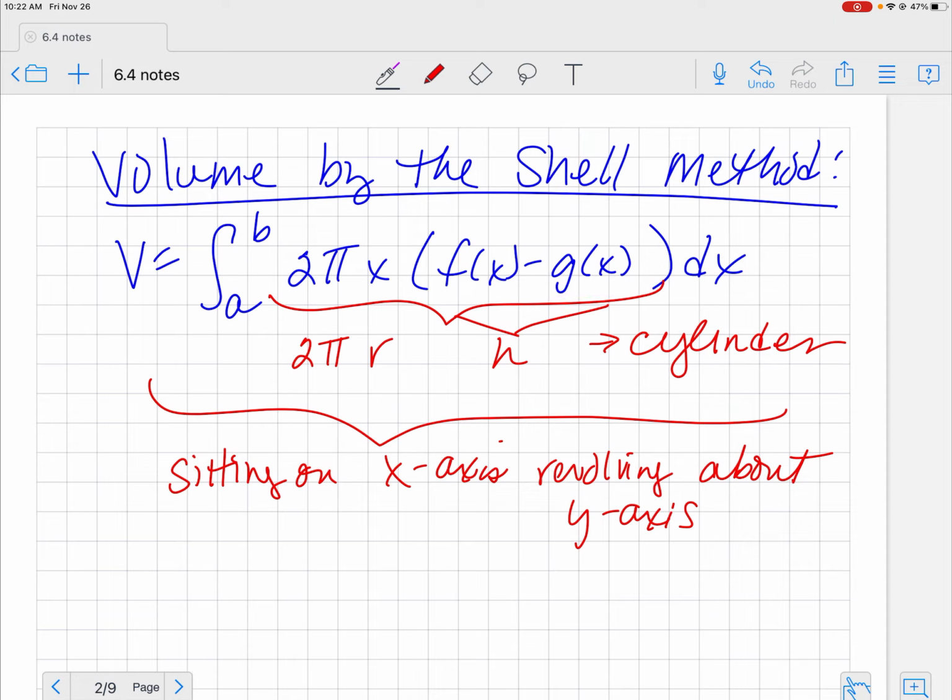All right, okay. So here, it's just my top minus my bottom. We're just taking care of that right up front instead of saying disk method, washer method. It's just still the cylinder. So what am I looking at here for my cylinder? Okay, whichever axis you are sitting on, that is your differential. Okay, let's do some examples then.